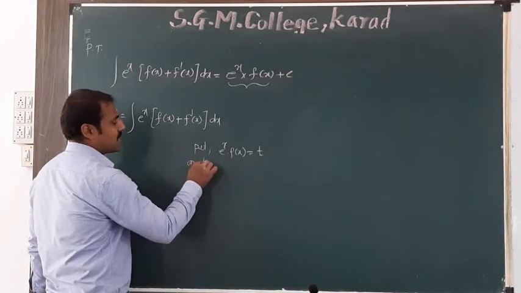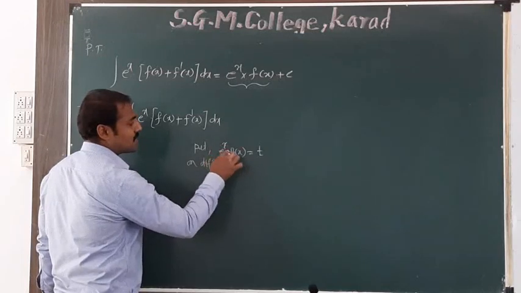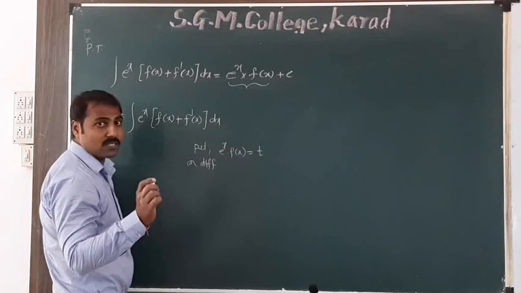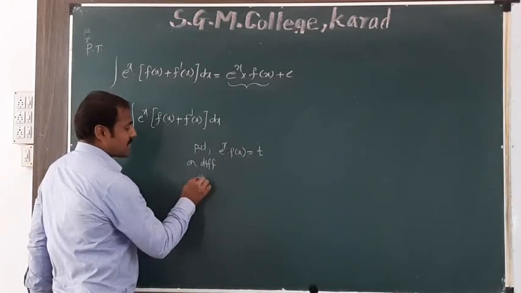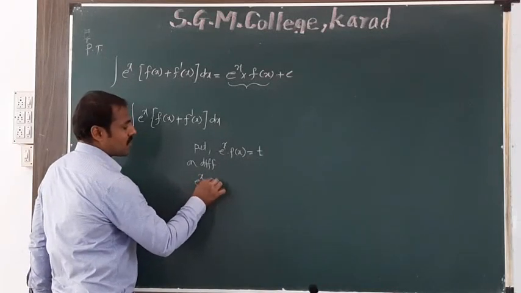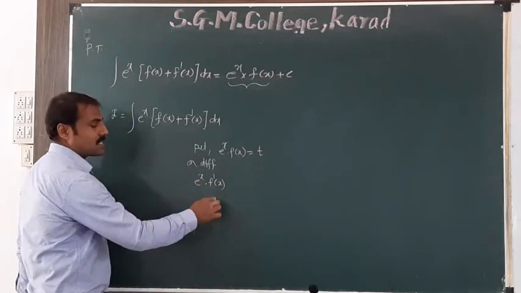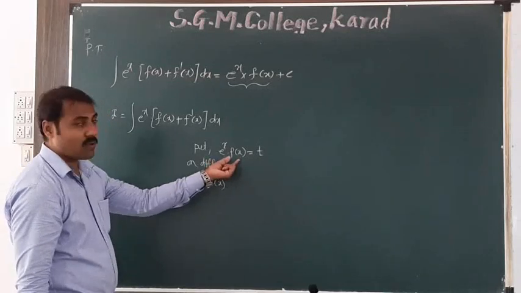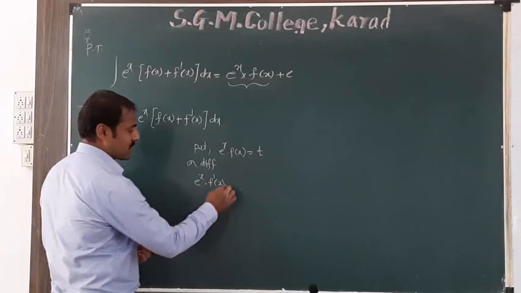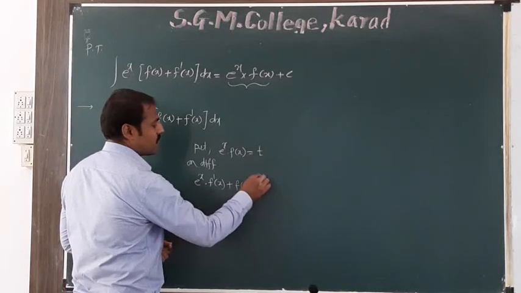On differentiating, here is the term e raised to x into f of x. There is a product, so we use the product rule: first as it is into derivative of second, plus second as it is into derivative of first.